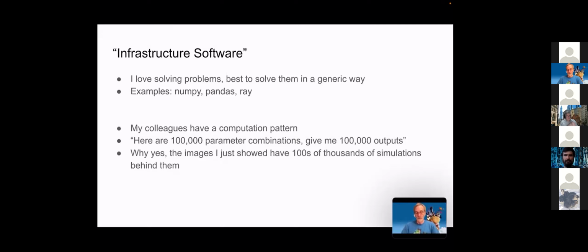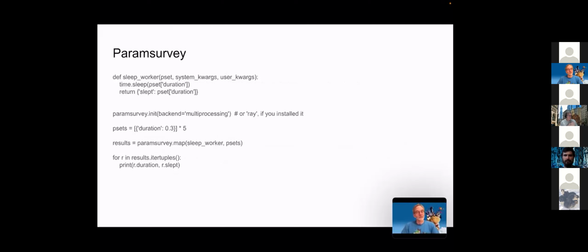This is harder than it looks. So here's what my thing looks like, right? You initialize the parameter survey, you create some parameter sets, you run a map function, there's that worker function that does something, and you get some results out. All of this looks really simple, but it's harder than it looks, because you have to do this in a way that's sort of future-proof.